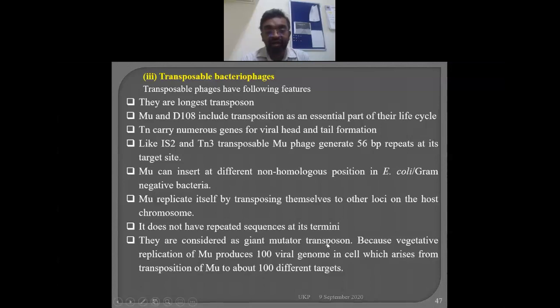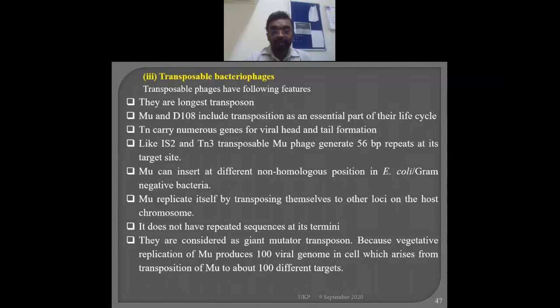Why giant mutator transposon? Because, as already given, the transposition ability is itself a mutational thing. It is a mutation. We already discussed this difference at the start of the lecture, that transposition is a mutation. Yes, it is a mutation because it changes the sequence. Hence whenever the bacteriophage is changing its location from here to there, it is actually inducing mutation. Hence it is referred to as a giant mutator transposon. Why?